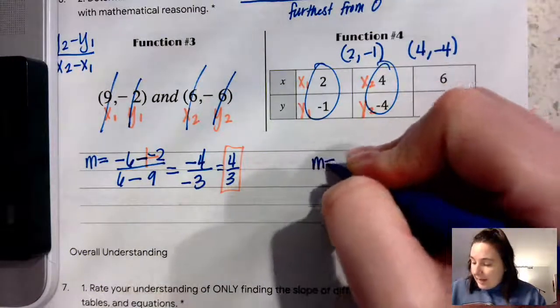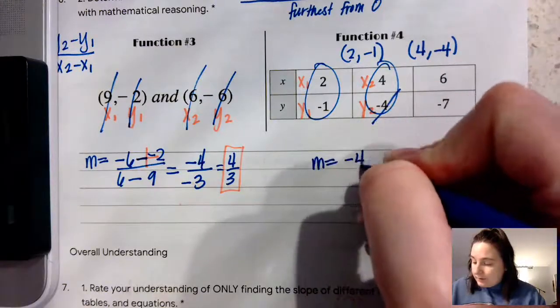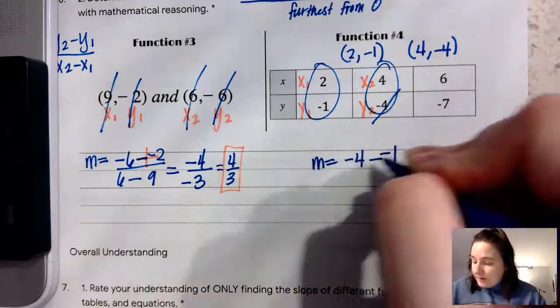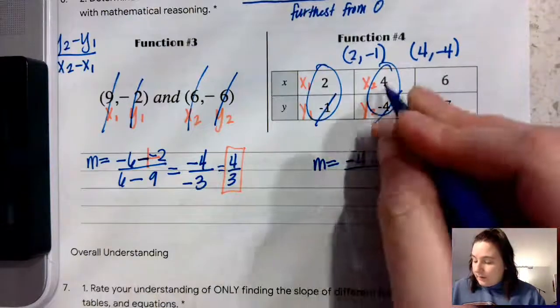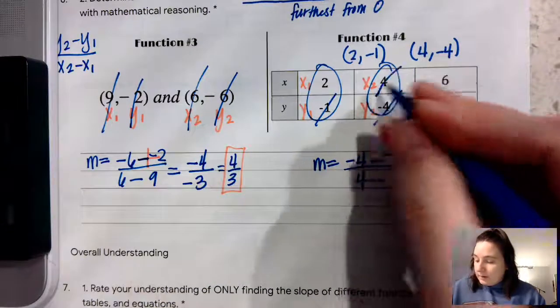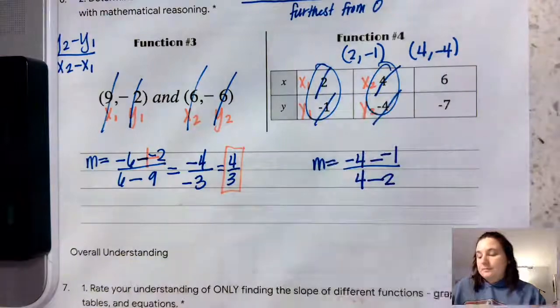And so I have y2 minus y1 over x2 minus x1.